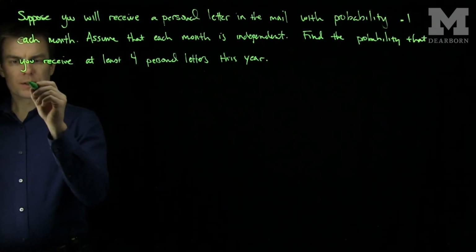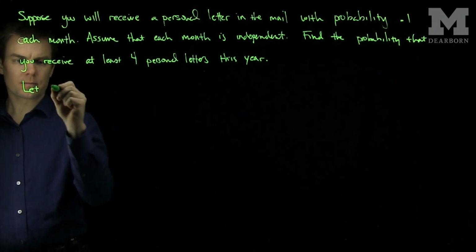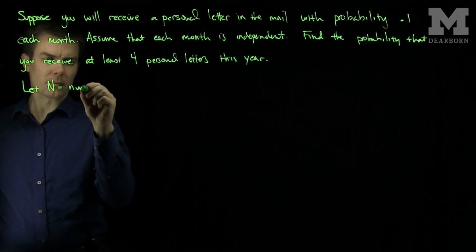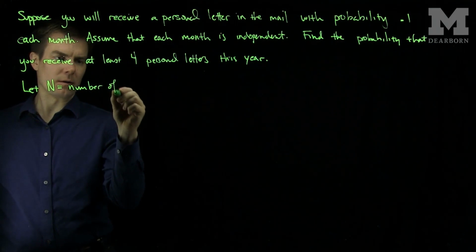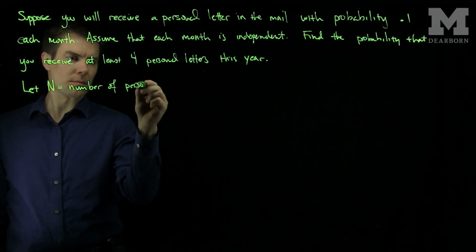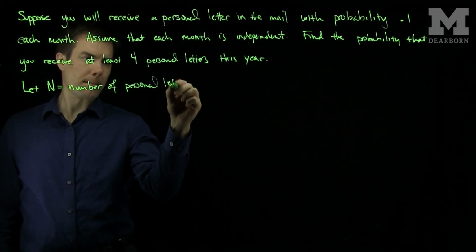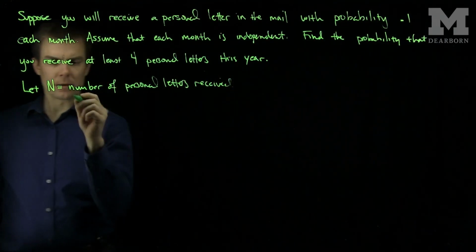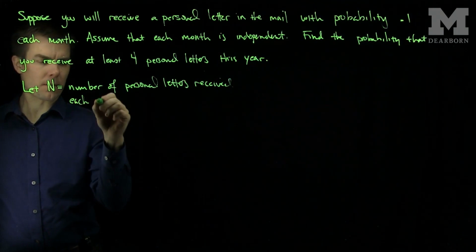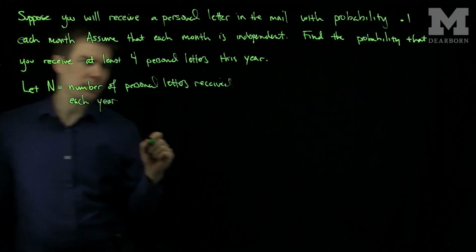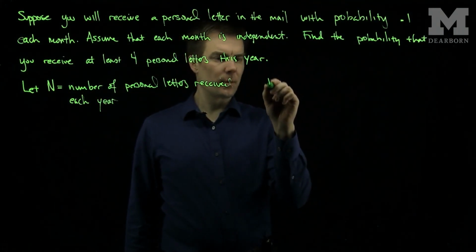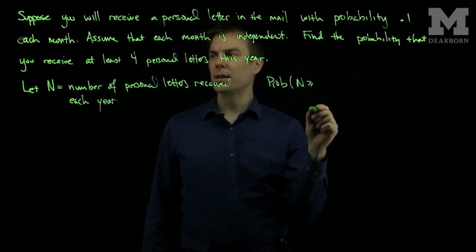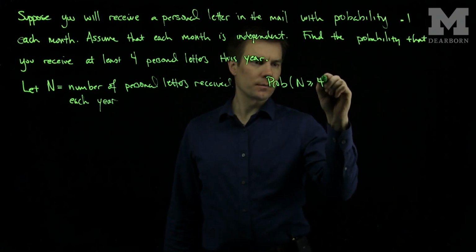So in other words, what we want is we can let n be the number of personal letters received each year. We'd like to find the probability that n is at least 4.